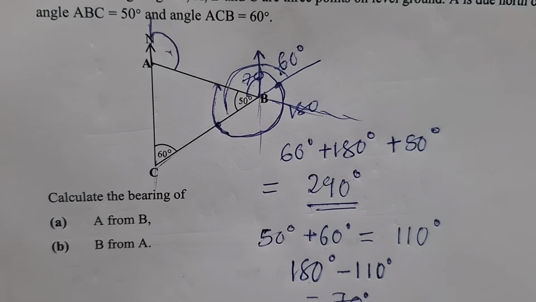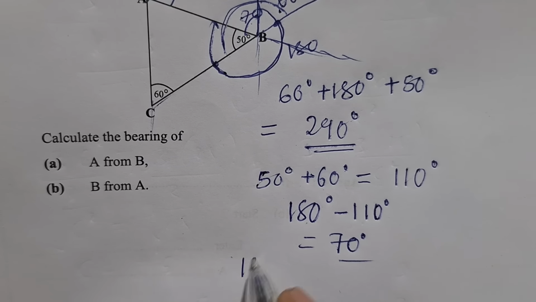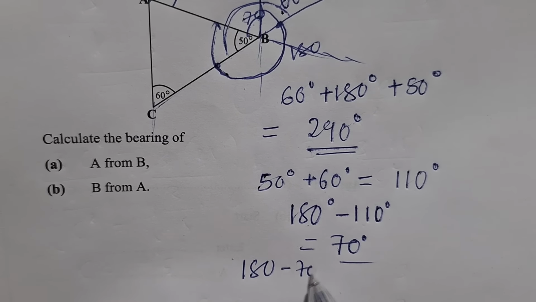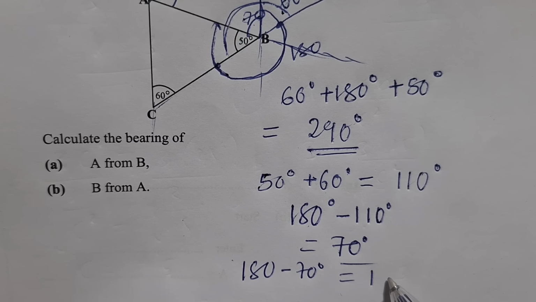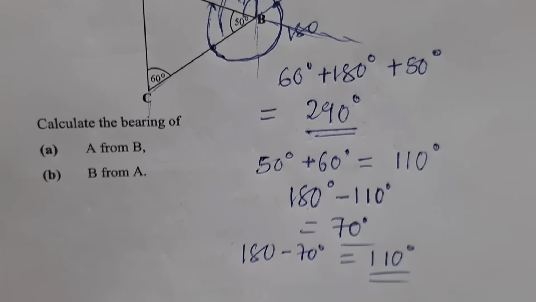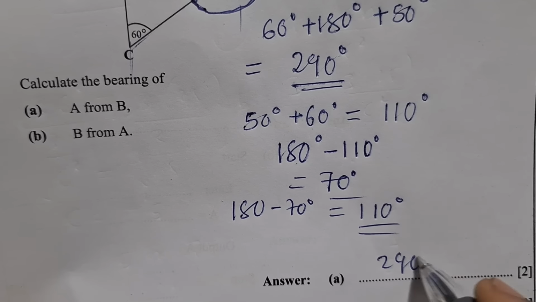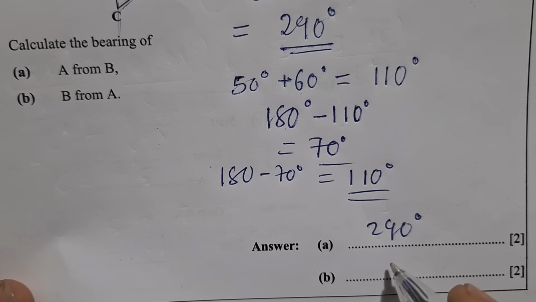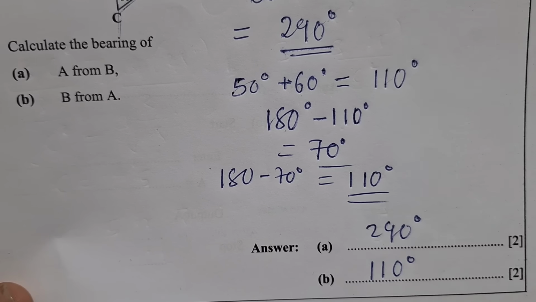And to find this bearing, we say 180 minus 70 degrees, which will give us 110 degrees. So meaning this is 110. We can write 290 degrees, then here 110 degrees.